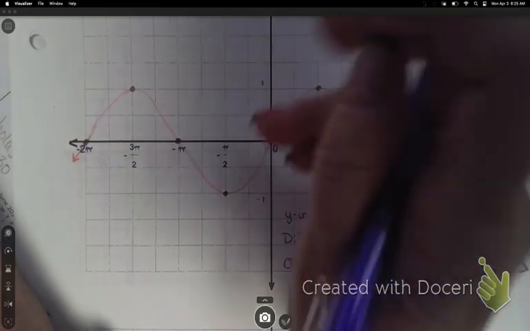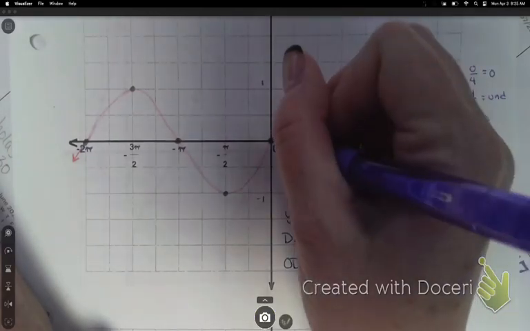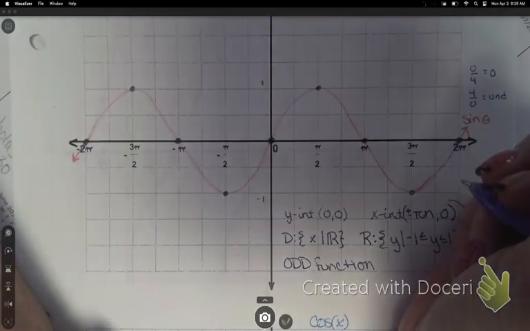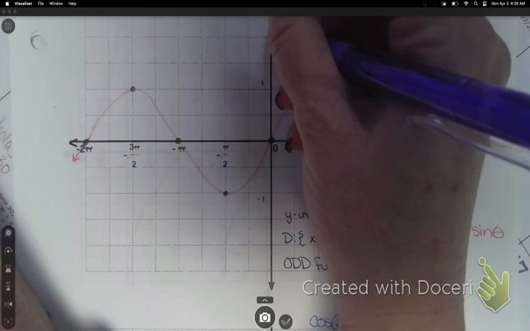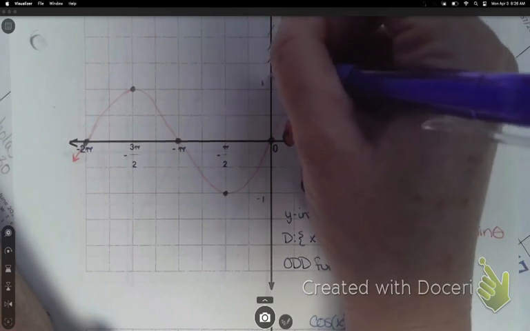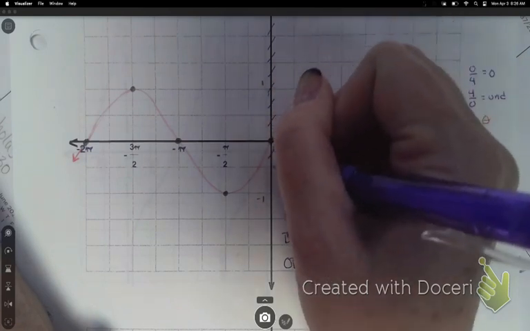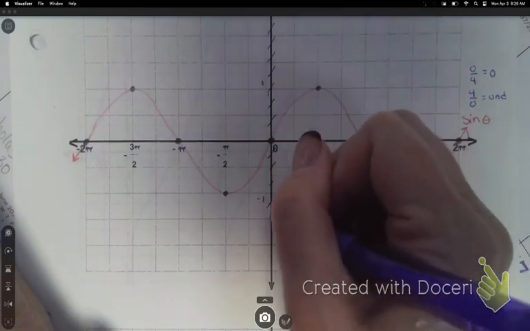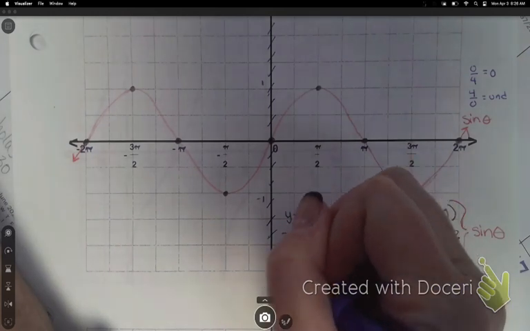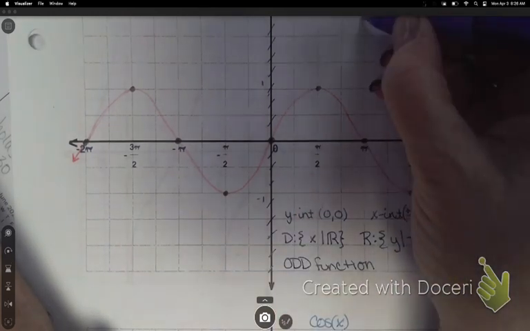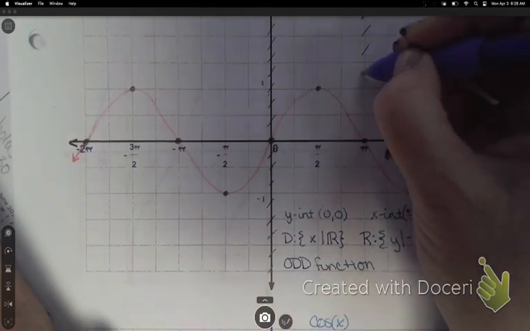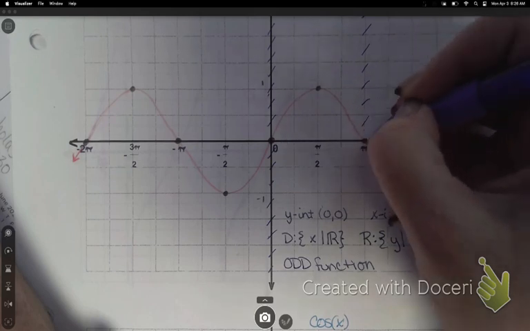So that makes it a what? An asymptote. So anytime that sine is 0, cosecant has an asymptote.